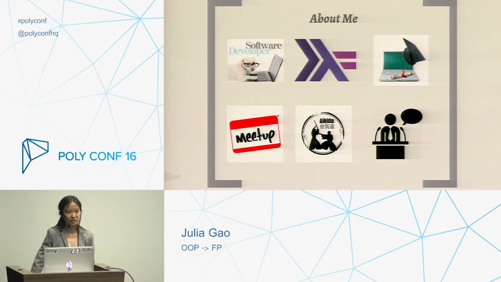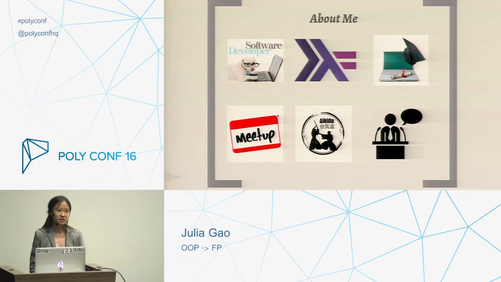And just like some of you, I started out with learning about Java and then C# back in school, and then doing some C++, and then I got a job using Java as well. So I started out with OOP languages.